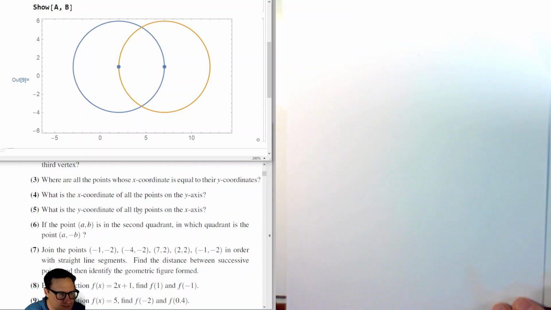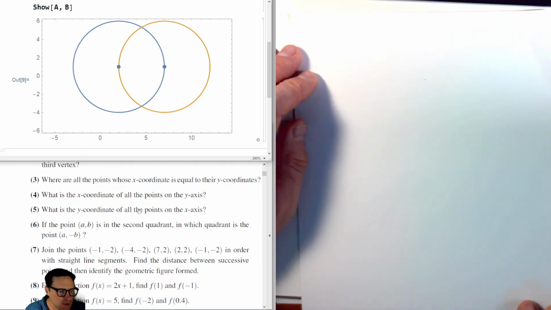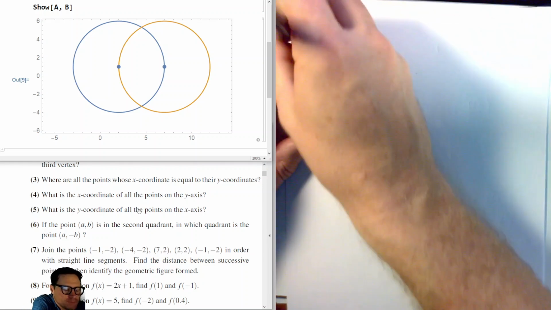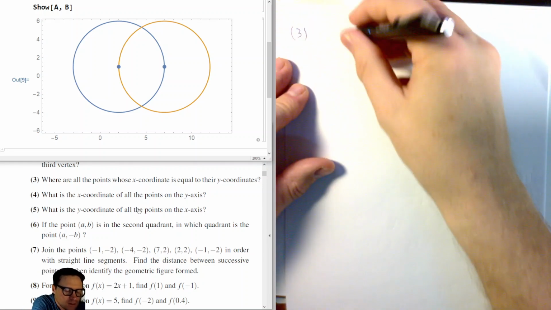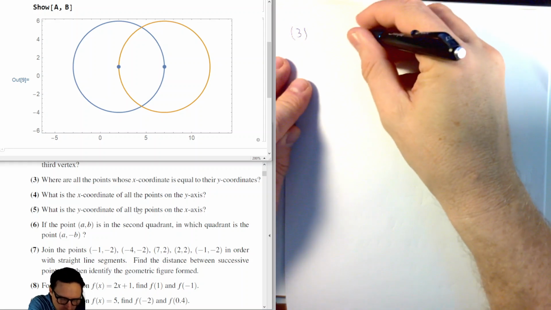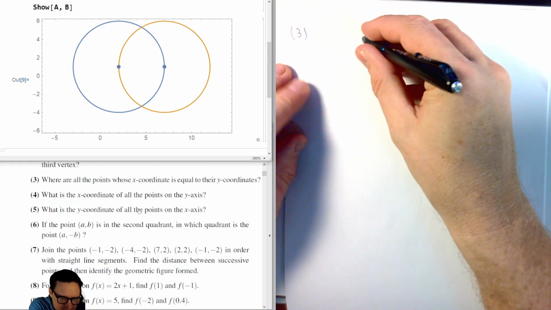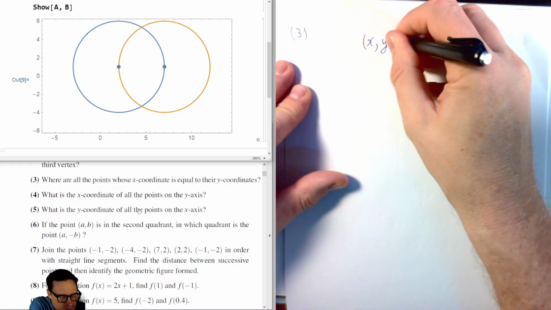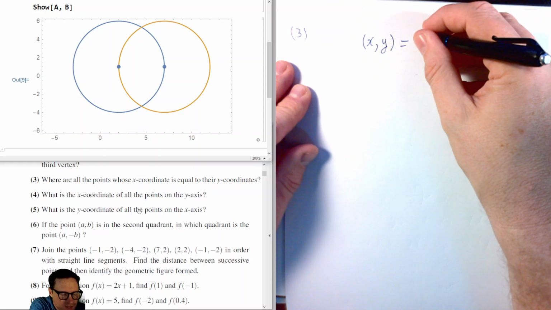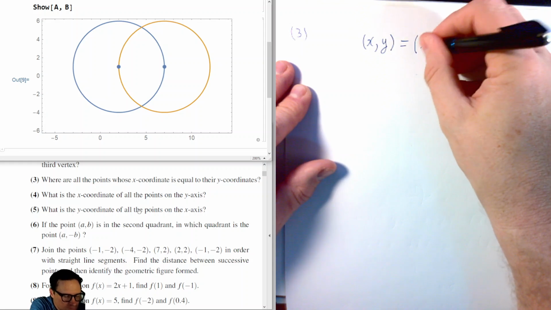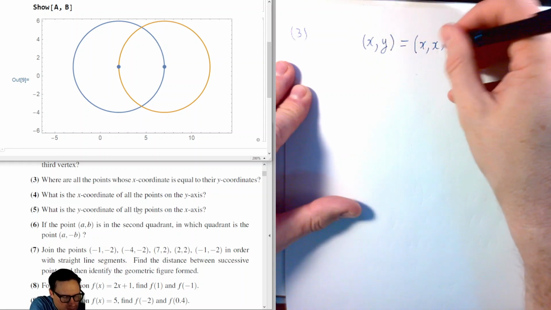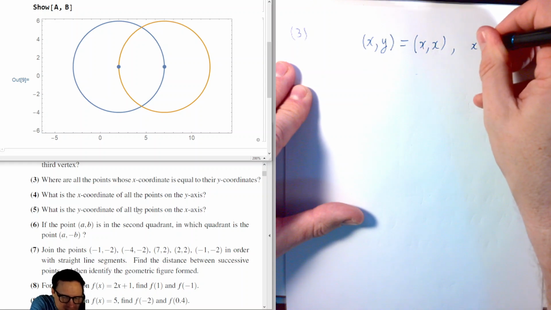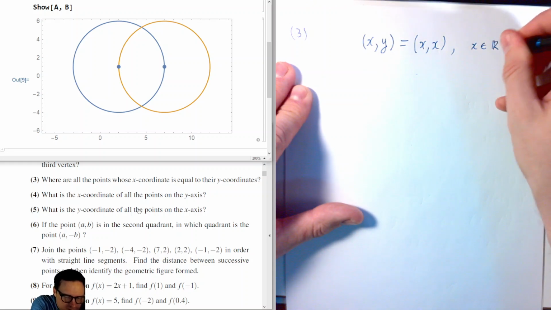What are all the points whose x coordinate is equal to their y coordinate? Okay, so let's write the collection of points. If the x coordinate is equal to the y coordinate, then the points (x, y) would be the points (x, x), where x is an element of the set of real numbers.